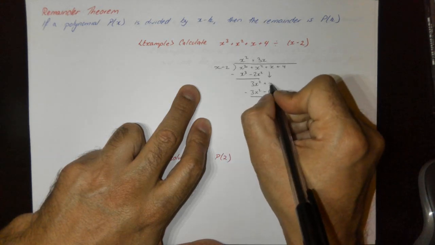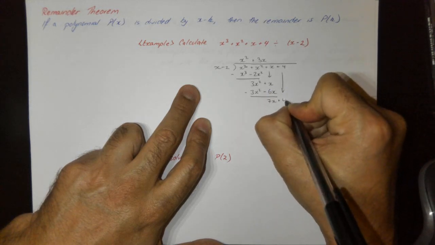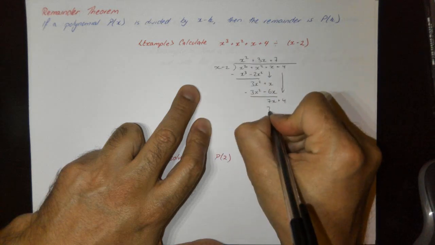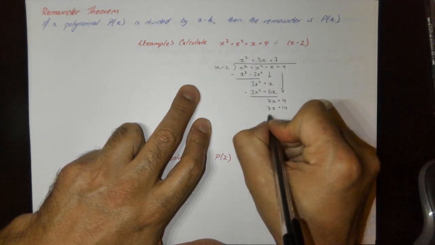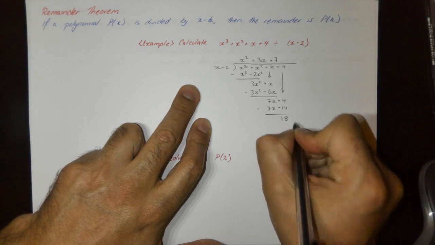Subtract those two, and we get 7x plus 4. So plus 7, so we get 7x minus 14, minus minus, so it's plus, I get 18.